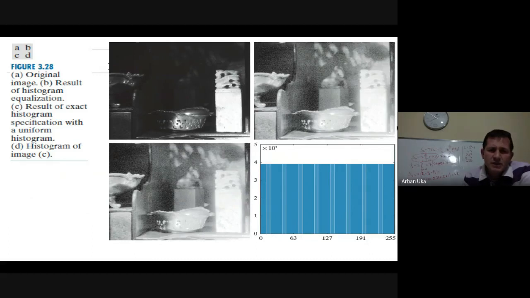But we can also obtain image C, which is obtained using histogram specification. I'm trying to see which one has a better resolution, but it looks like this region in white color, which is very high intensity, has some more features which we can observe better.